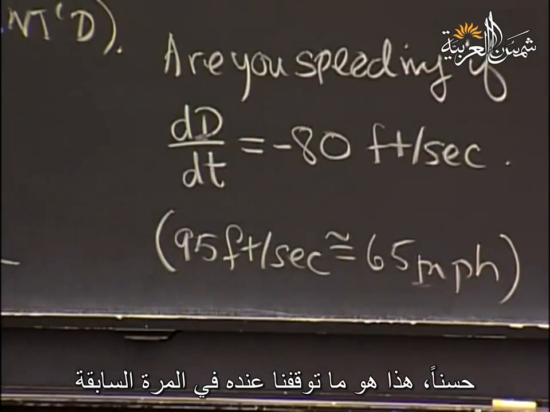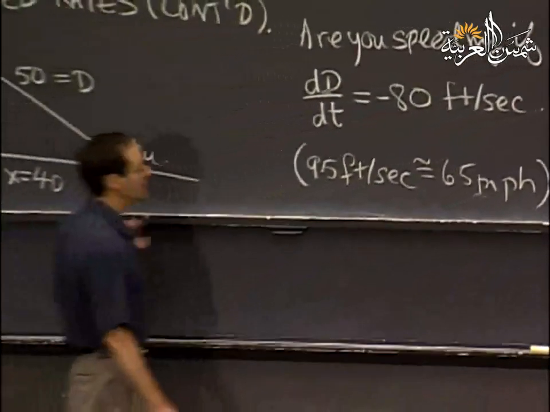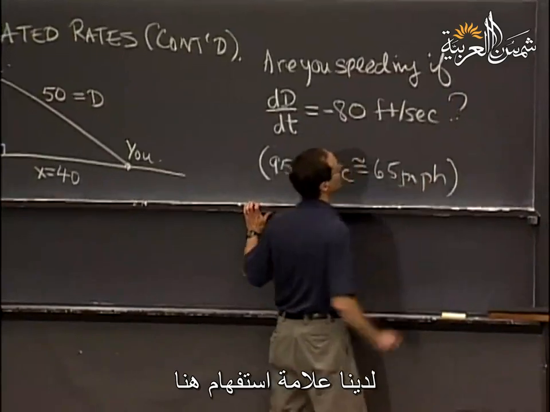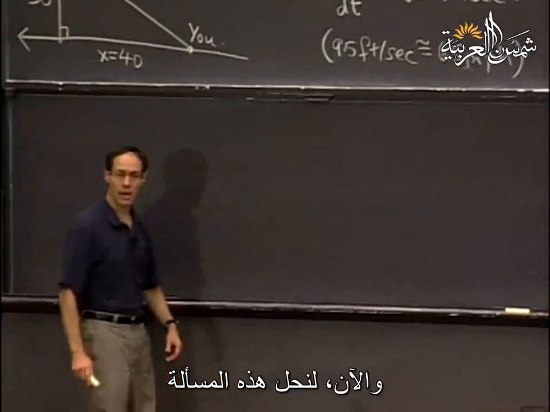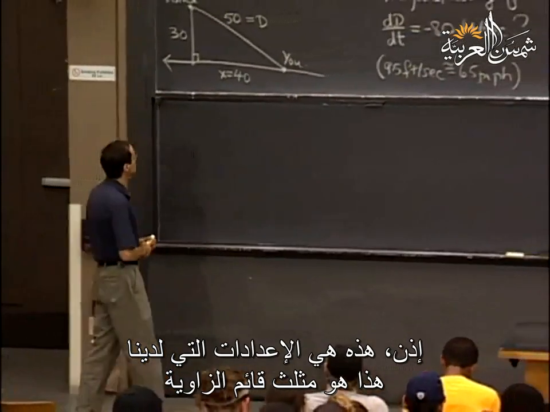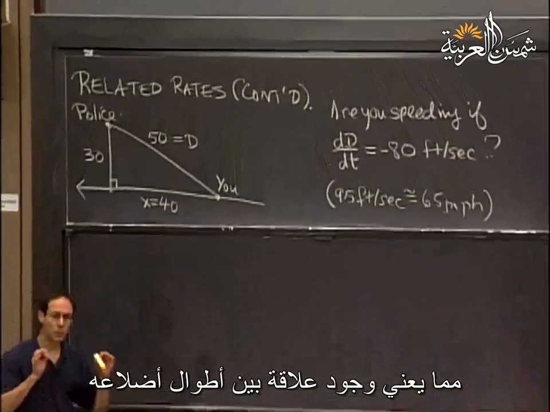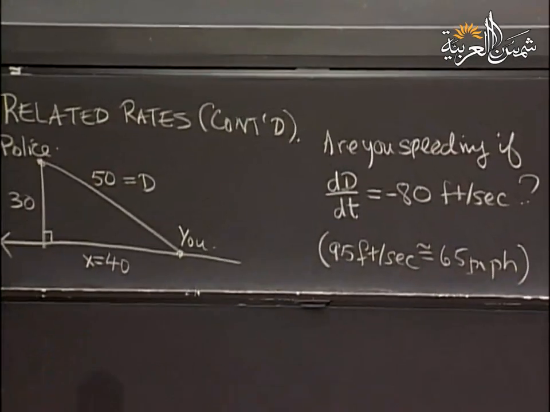So again, this is where we were last time. Put a little question mark there. And so let's solve this problem. This is the setup. There's a right triangle, so there's a relationship between these lengths.